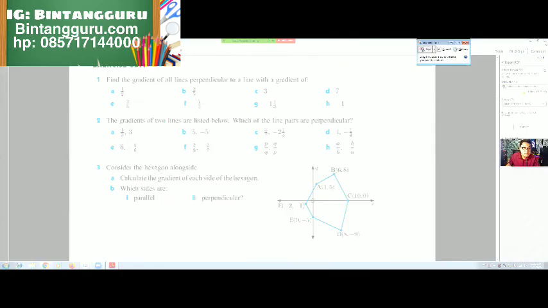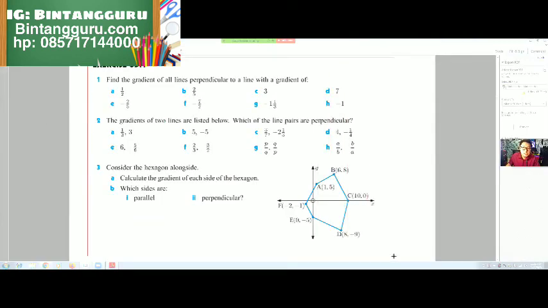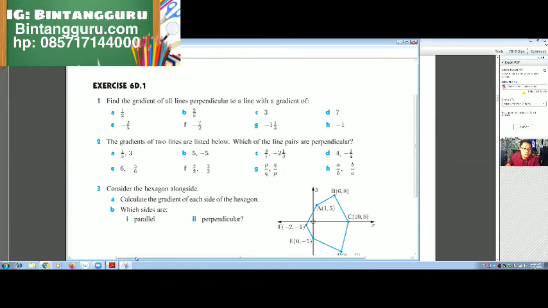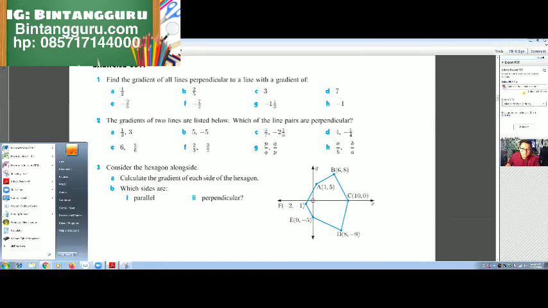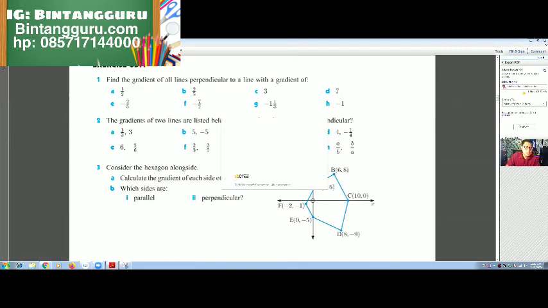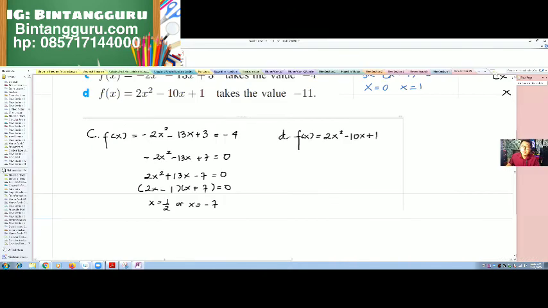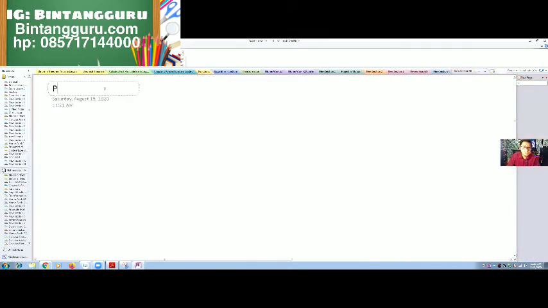I think I will discuss everything. So this is parallel and perpendicular lines.